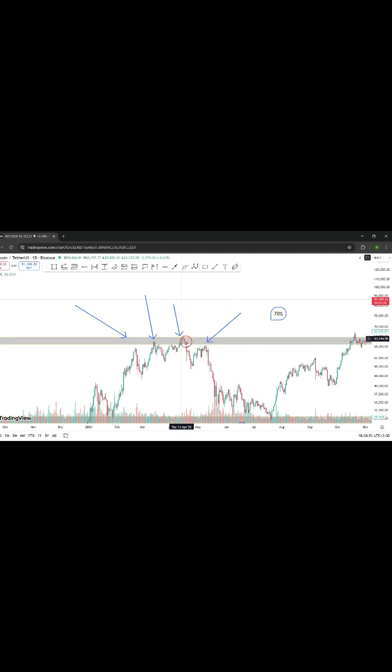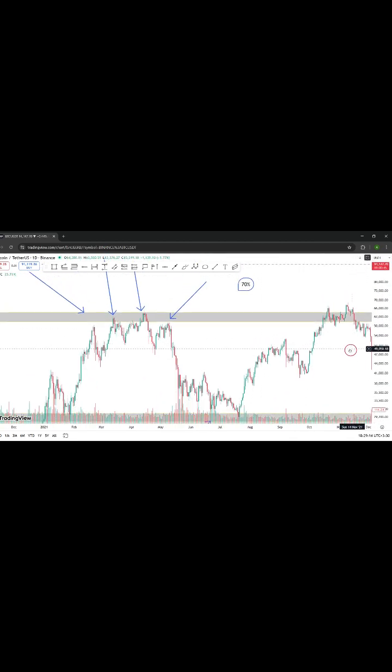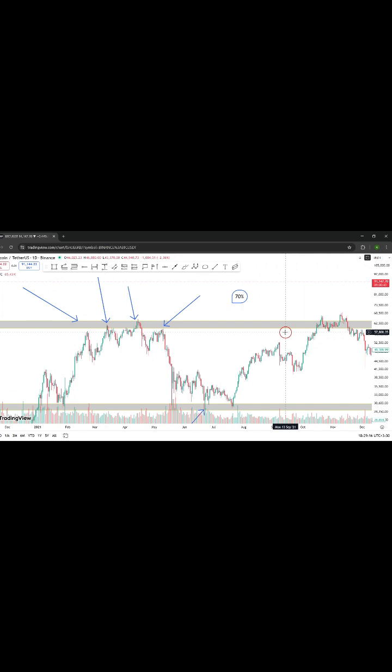For example, this resistance area at the 70% will not break. What you want to do, nothing, or for example open a short position. I will tell you what you should do in the next video, but in this video I'm trying to say that you must understand and believe that in this area you shouldn't buy anything.